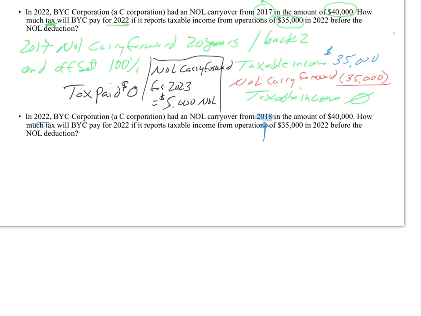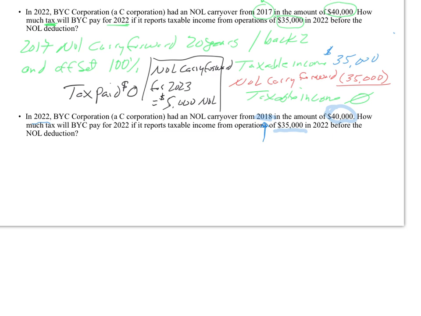So we still have a $40,000 net operating loss carry forward. How much tax will BYC pay for 2022 if it reports taxable income from operations of, again, $35,000 in 2022? All right. So the only thing that has changed is the year, the tax year that generates the net operating loss. But as a result of that 1 year difference, our calculation changes considerably.